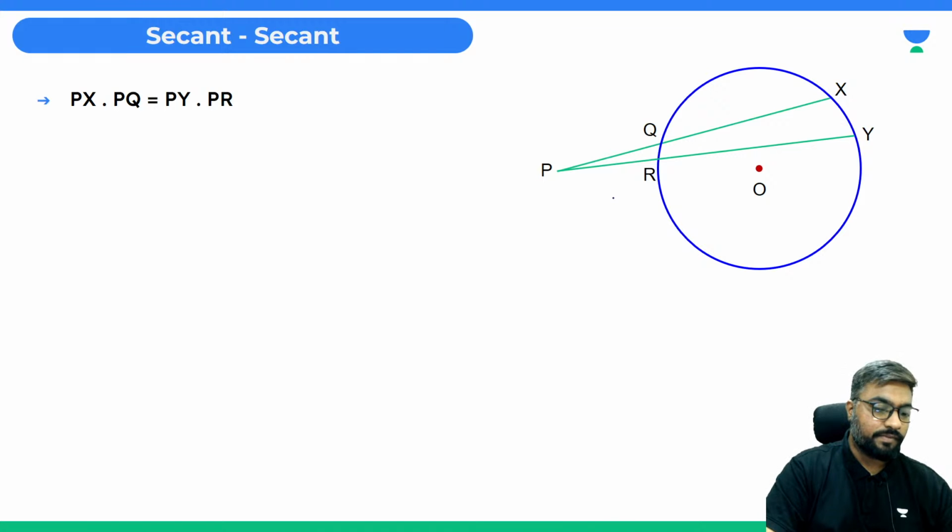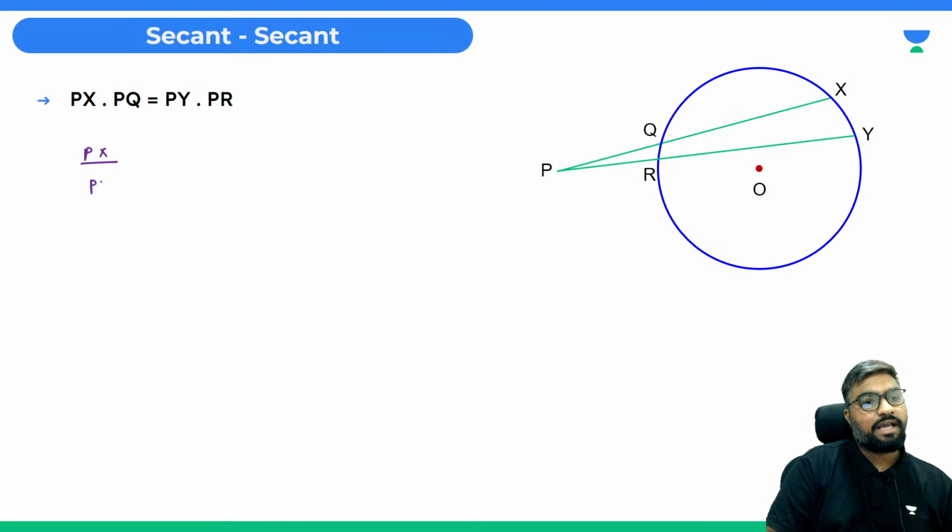Getting this? PX into PQ is going to be the same as PY into PR. Or in other words, the ratio PX by PY will be the same as the ratio PR by PQ. Okay?